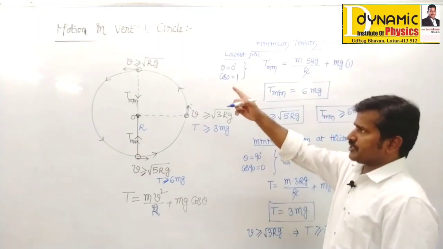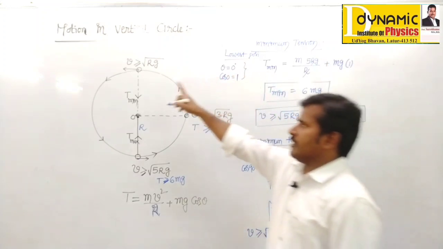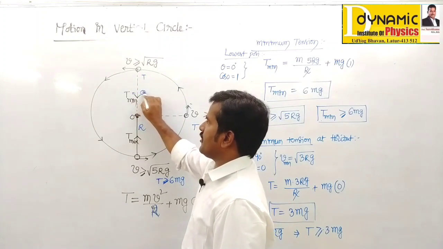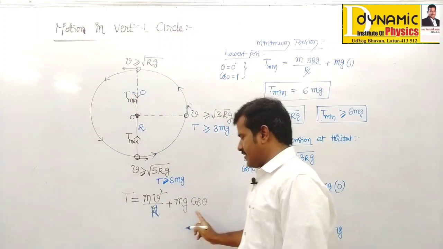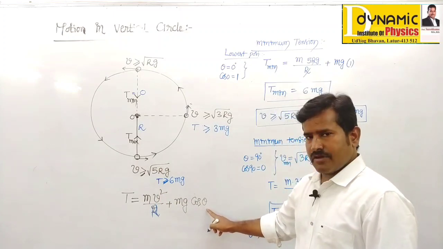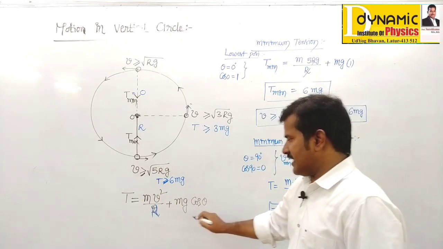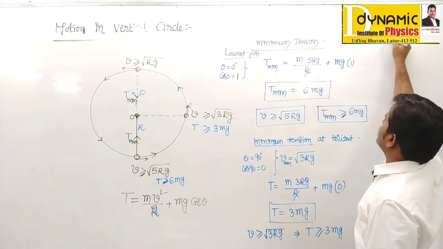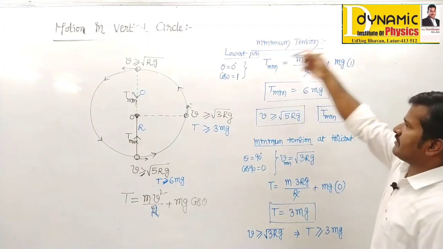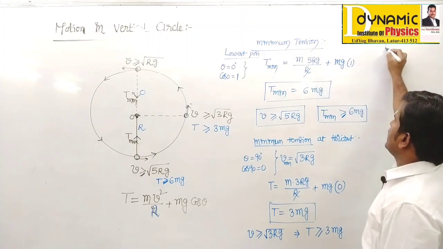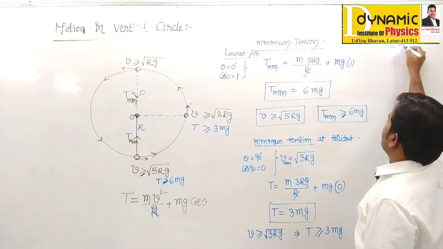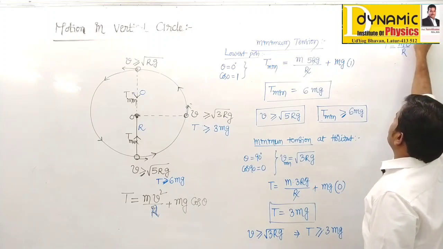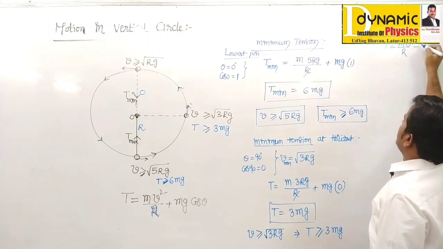And at the topmost position, what is the tension? At the topmost position, the minimum tension becomes 0. Already considered, this is cos 180. The velocity at the topmost position is root rg, where T equals mv square upon r minus mg, with theta equal to 180 and cos 180 equal to minus 1.